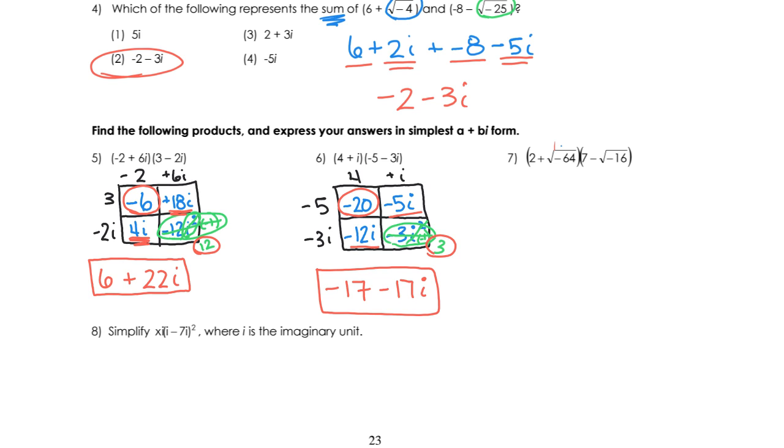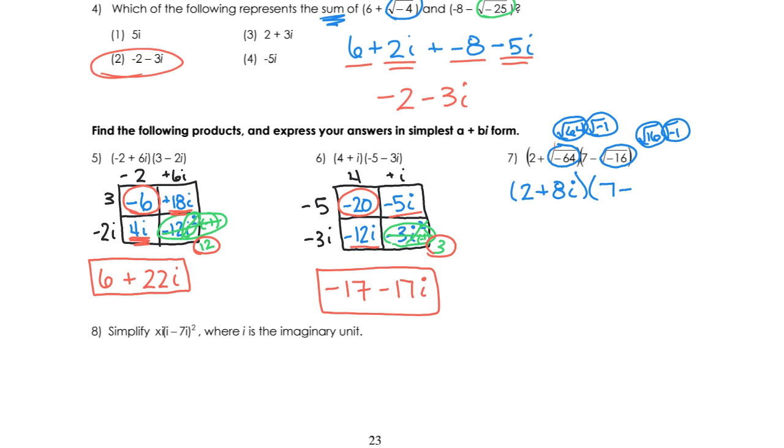Okay, so going back up here, that is the same as the square root of 64 and the square root of negative 1. Square root of 64 is going to become 8, and the square root of negative 1 is going to become i. And so we end up with 2 plus 8i times 7 minus, and we're going to have to do the same thing. Nice thing is these are perfect, so they're not too hard to simplify.